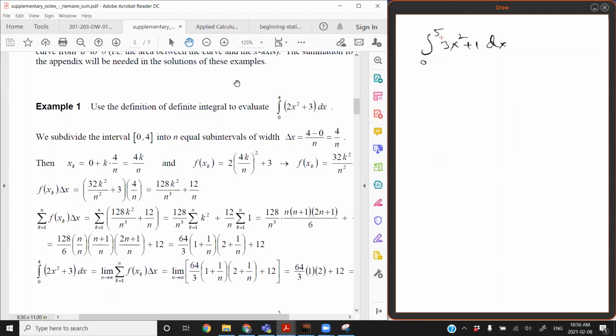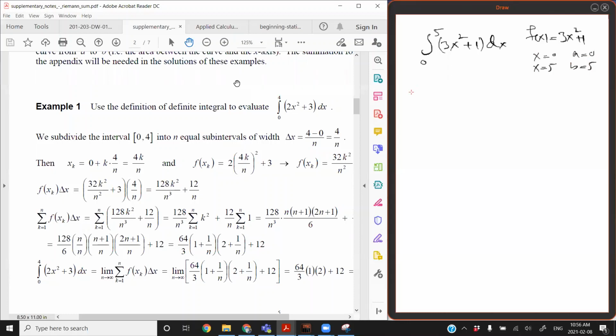What is this? This is the area under the function f of x equals 3x squared plus 1, above the x-axis and between the lines x equals 0 and x equals 5. So in other words, a is 0 and b is 5. I'm trying to figure out that area using the Riemann method.